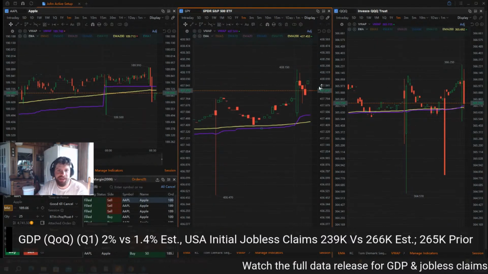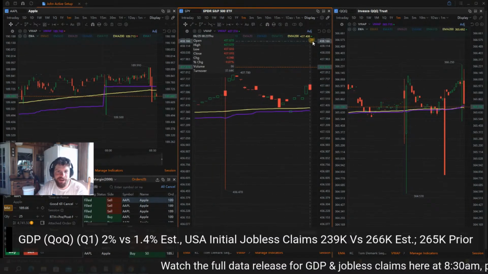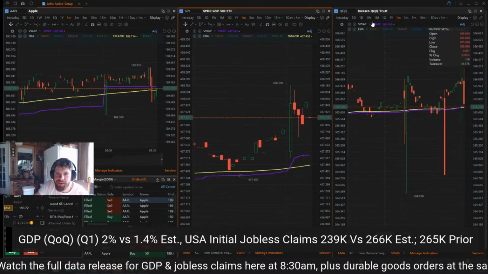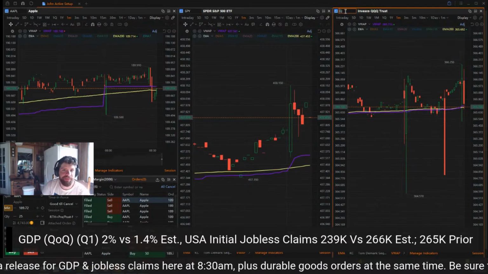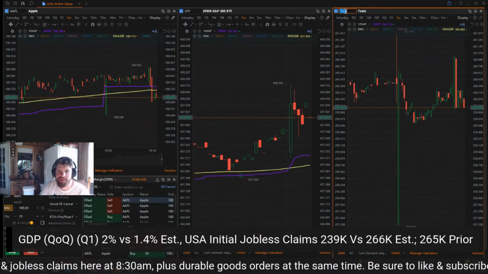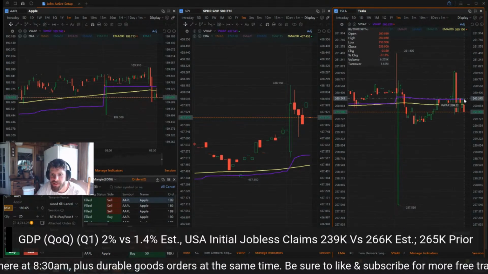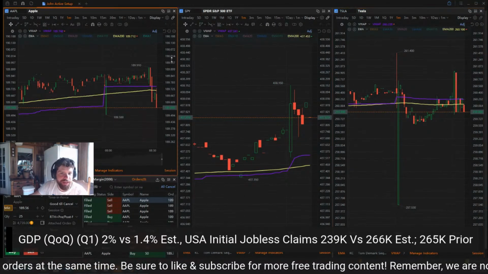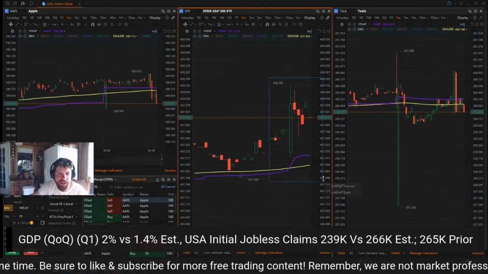SPY is kind of consolidating, but the market seemed to like this. The SPY is up. SPY hit 438. So the SPY seems to like this. What about Tesla here? Let's see how Tesla is reacting to this stuff. So they're doing okay. Apple not really liking it, but the SPY itself is pretty solid right now.